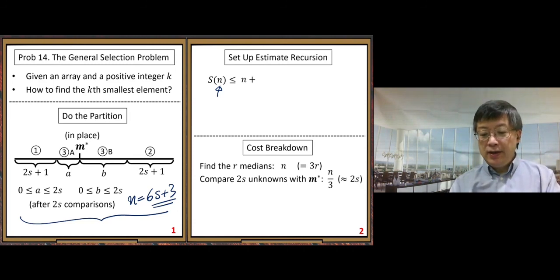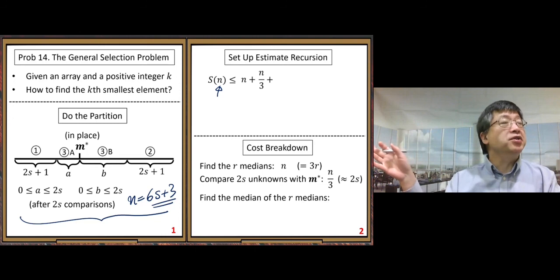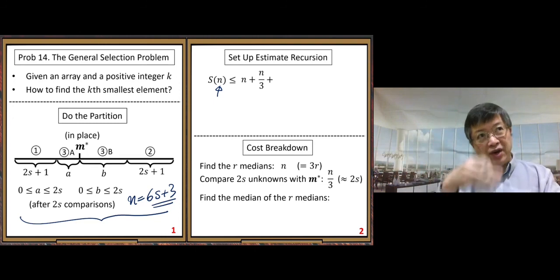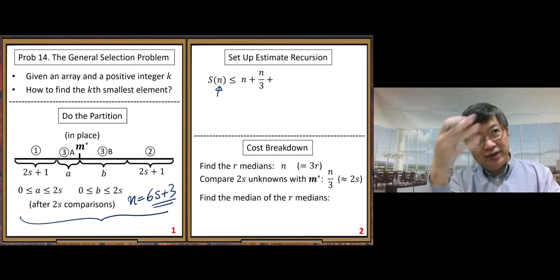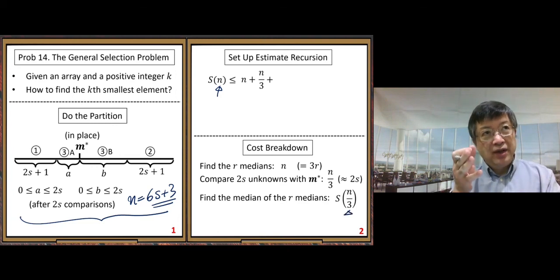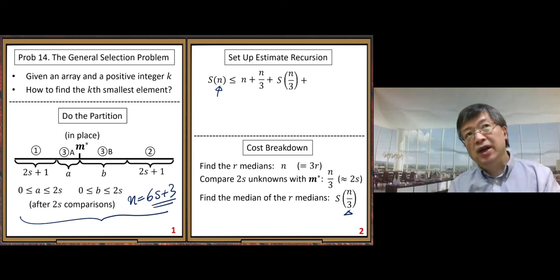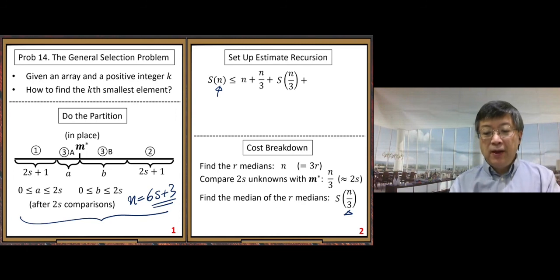So we add this term. Next, find the median of the R group medians. This is the recursion. What is the data size? The data size is 1/3 of n, so based on our function definition, S of n over 3. So we add it to the inequality right-hand side.